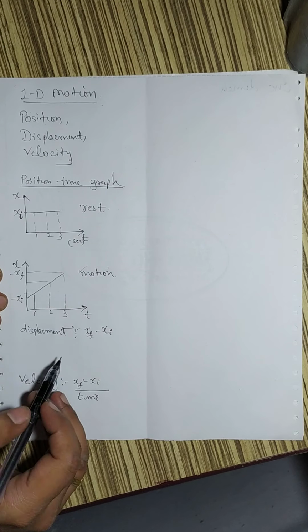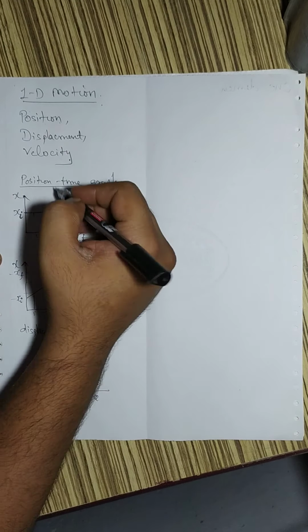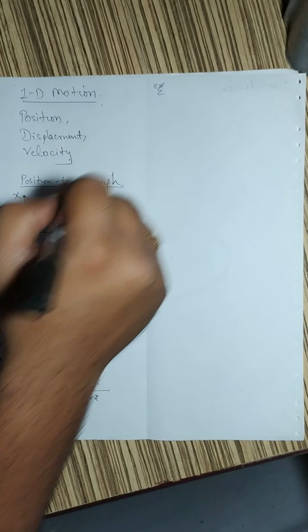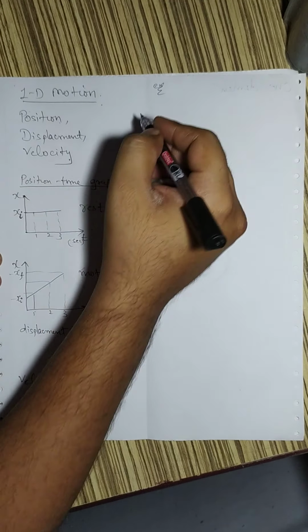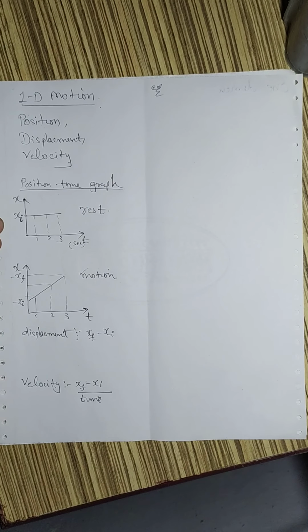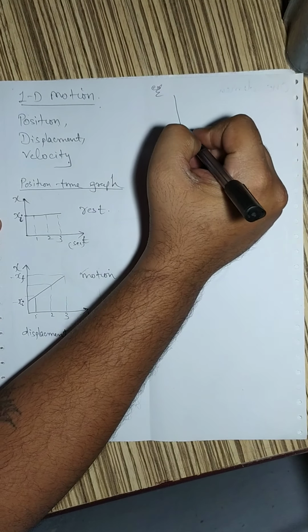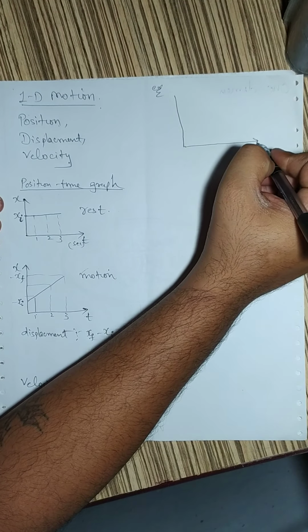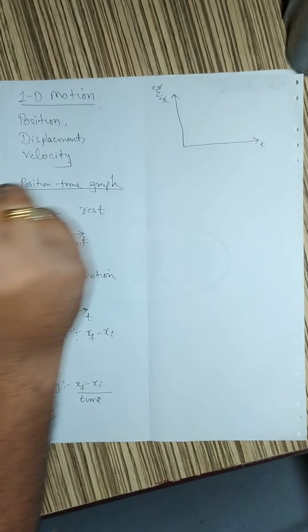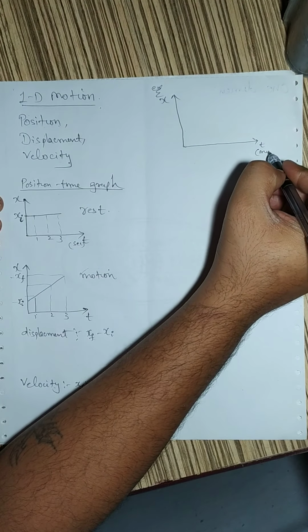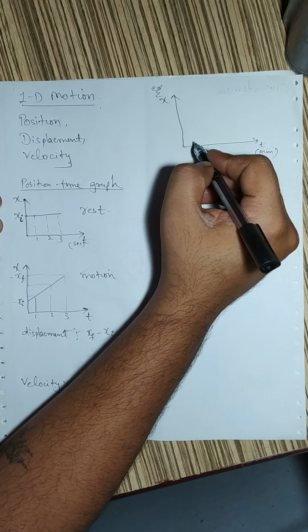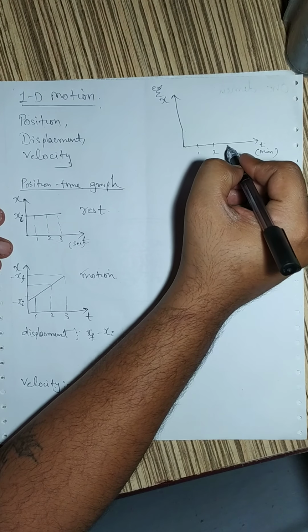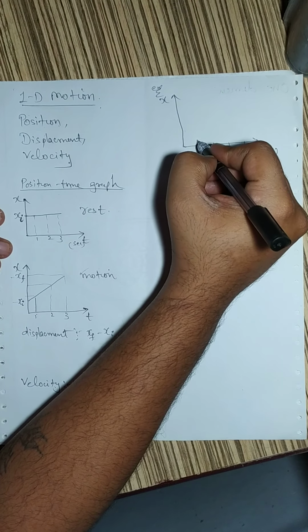Let's look at an example of the position time graph, some numerical which will help us understand this better. So let us say I have been given one position time graph. Time, let's say I have been given in minutes: 1, 2, 3, 4.